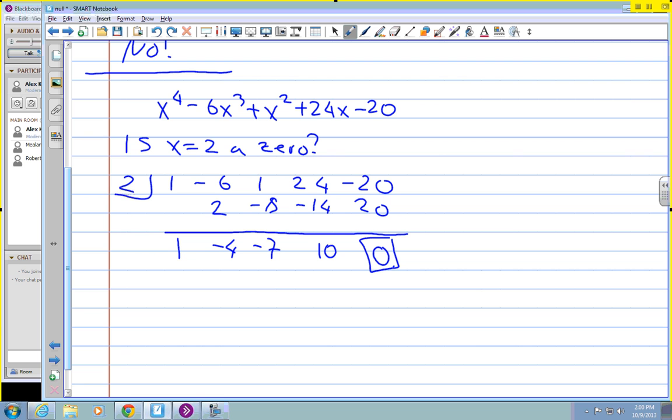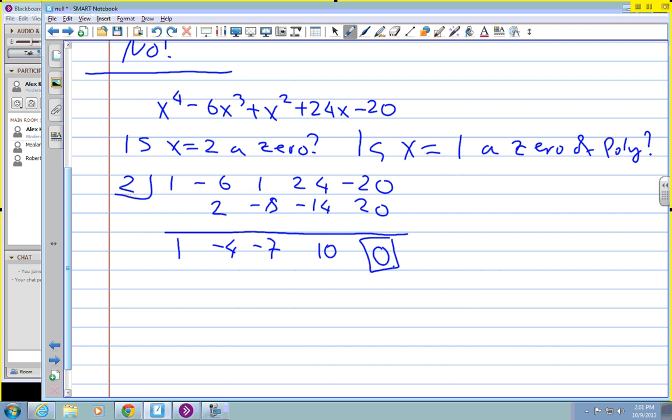Yes, right? Agree with that? Now let me add a part to this question. Is x equals 1 a 0 of the polynomial? Is x equals 1 a 0? How would we do that one?